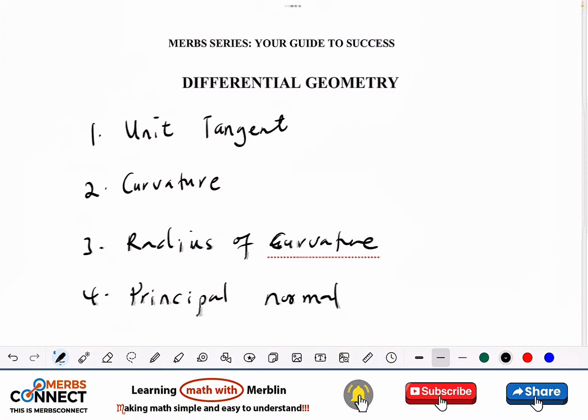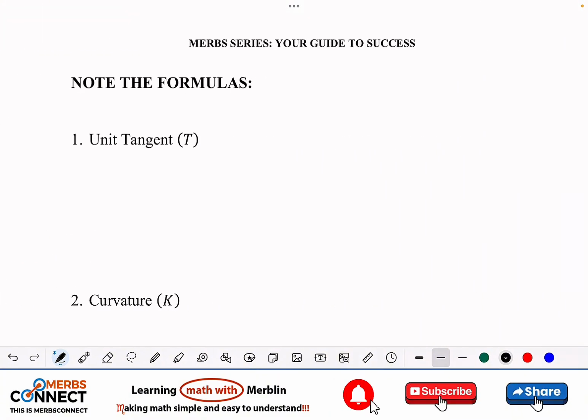All right. So before we start, let's look at the formulas for each of them. For the unit tangent, we say that this is equal to r prime, which is the position vector, divided by the magnitude of r prime.